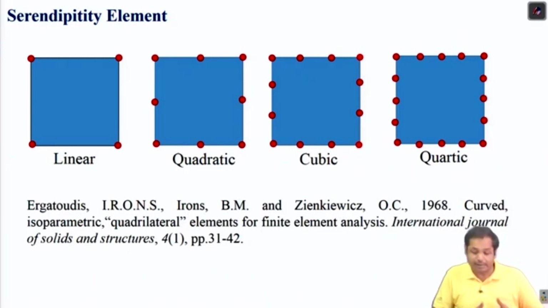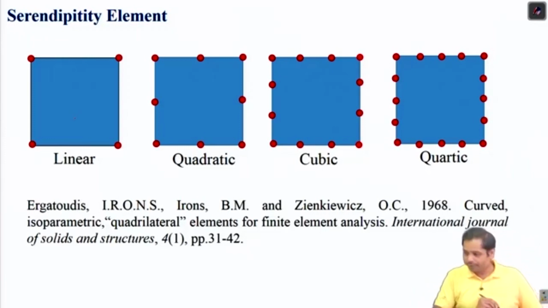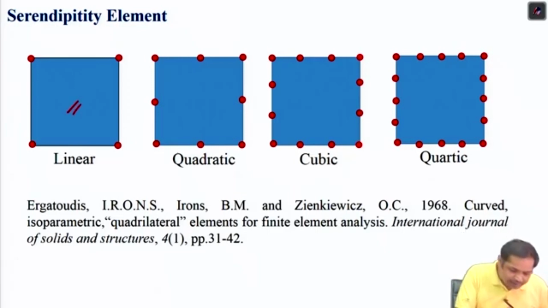In this paper, Zienkiewicz constructed the shape function just by inspection, just by looking at the elements and invoking some of the properties that we want in the element. For instance, let me first compute the shape function for this.